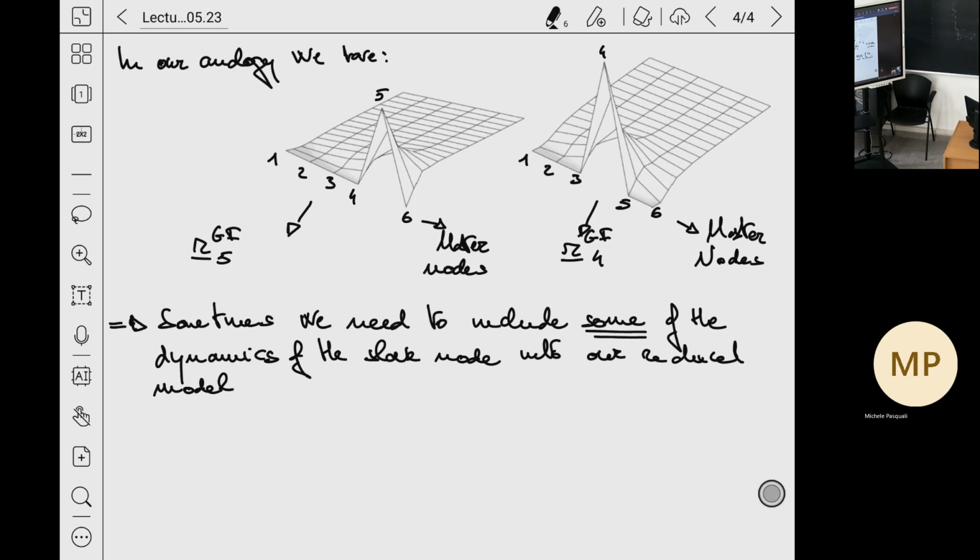How can we do that? Well, it's actually quite easy, because we consider, again, the dynamics of the slave part.